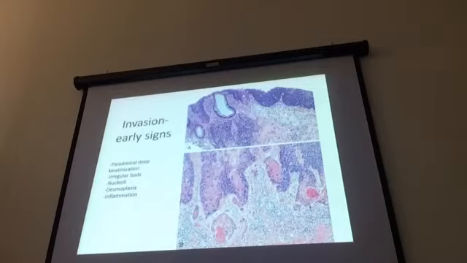So then we come to the issue of early invasion, and this is much like any other squamous mucosa. We use the same tricks to look for invasion. When we see this sort of keratinization at an interface, we call that paradoxical deep keratinization.